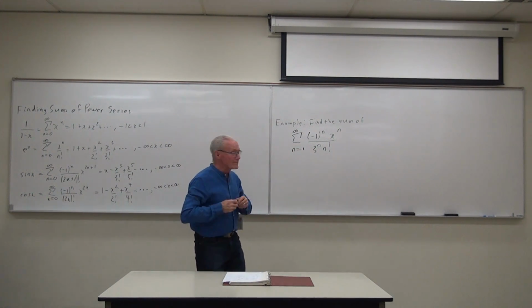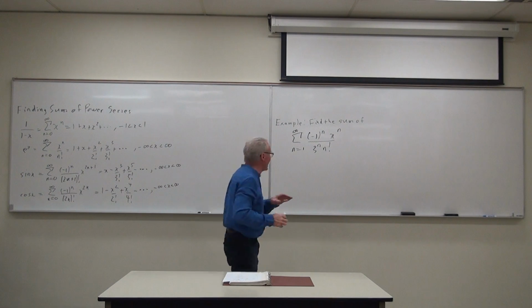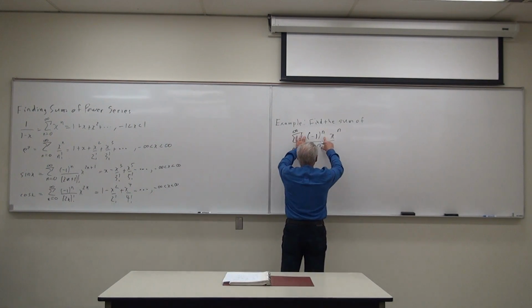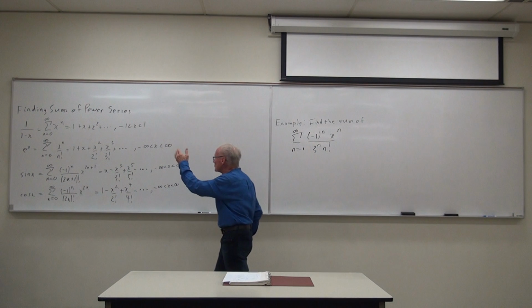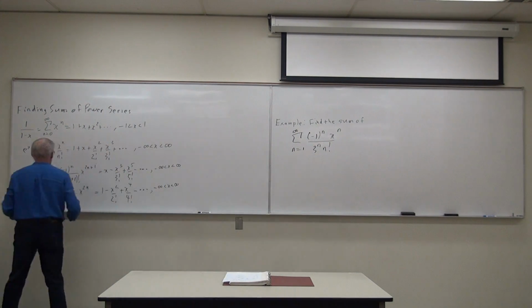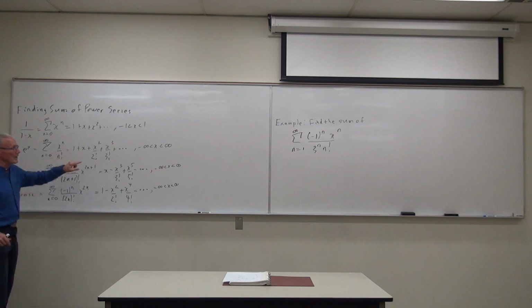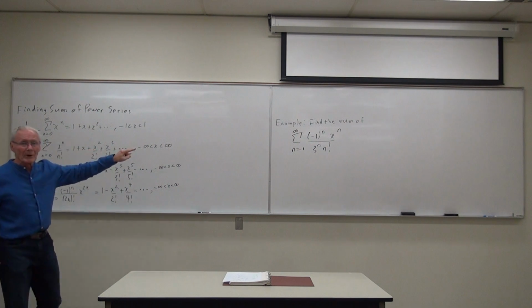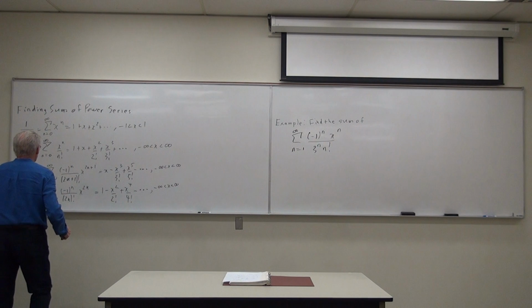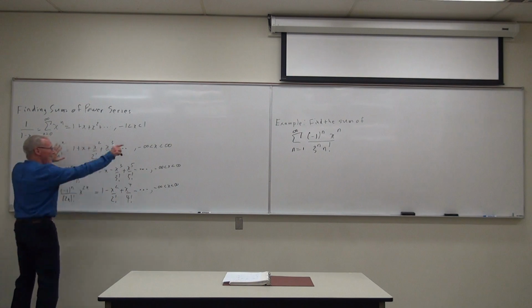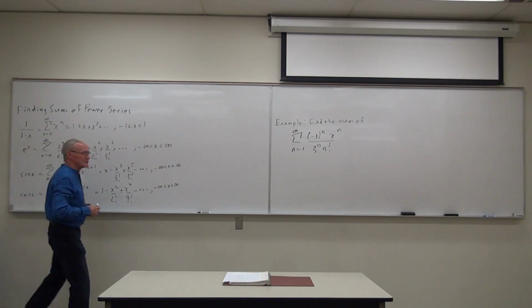And I take the same approach that I did in the last example. I ask, does this look like any of these three that's over here? And you're immediately drawn to the e to the x because you've got an n factorial on the bottom and you've got an n factorial on the bottom there. So I'm certainly going to think about somehow that has got an e to something in it.